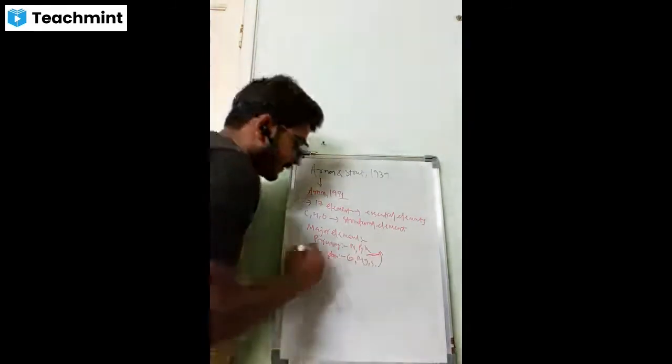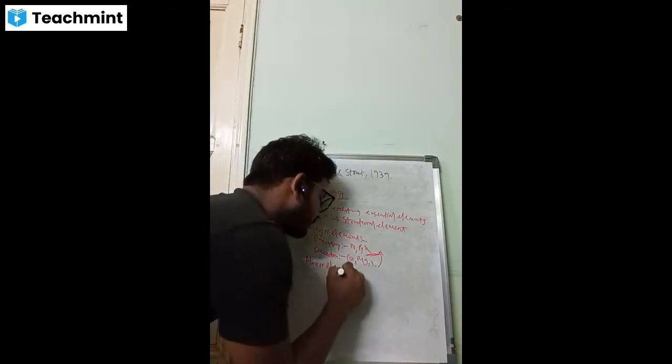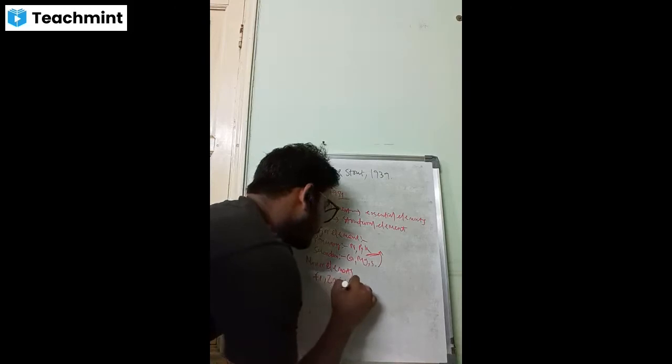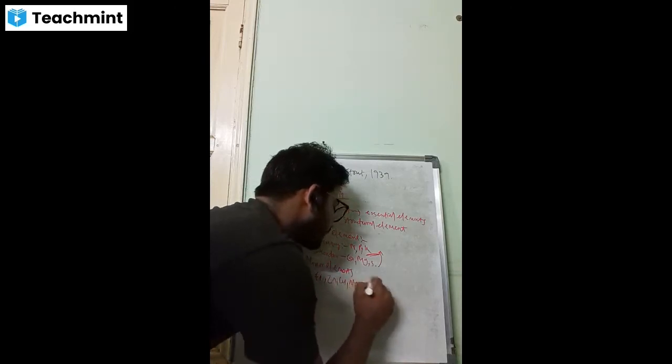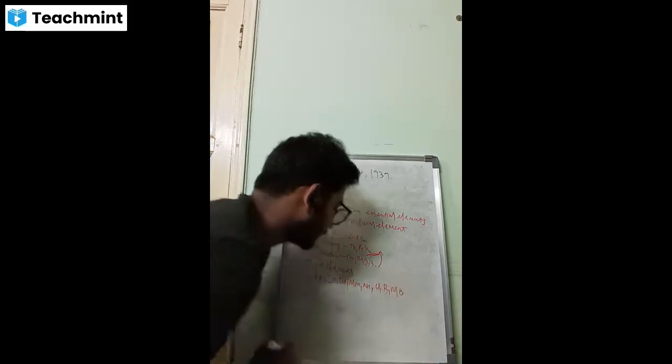Then minor elements: iron, zinc, copper, manganese, then nickel, chlorine, boron, molybdenum.